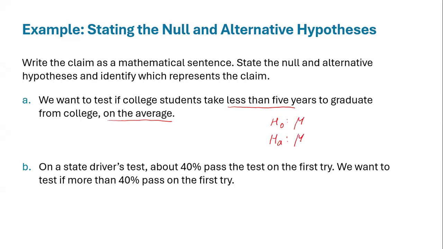The claim says that the mean is less than 15. Less than 15, where do we put the claim? Since there is no equal sign, we put the claim for the alternative. And we mention it's a claim. So if the alternative is less than 15, that means the null is greater than or equal to. Less than 5, oh, I'm sorry. Less than 5 years, not 15.